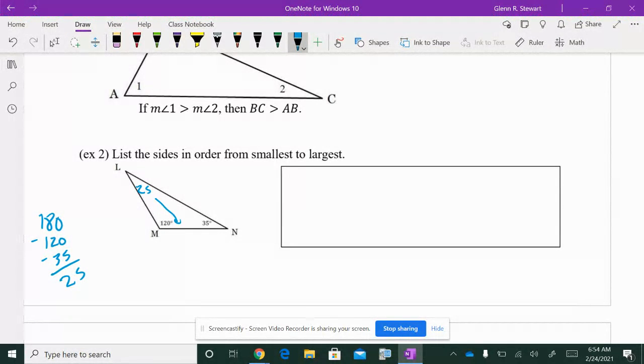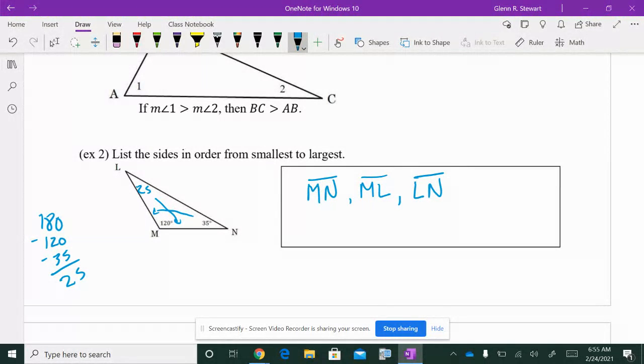So 25 corresponds with MN as our smallest side. 35 then corresponds with ML. And then our 120 degree angle, and it's kind of obvious to see based on this picture, is going to be LN.